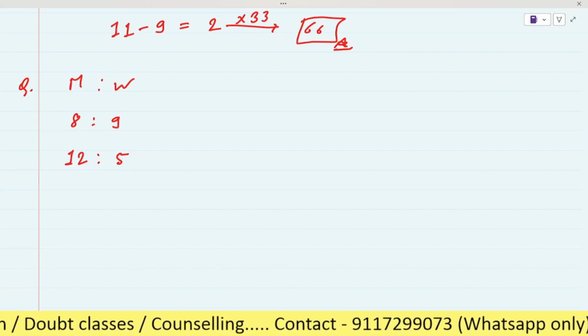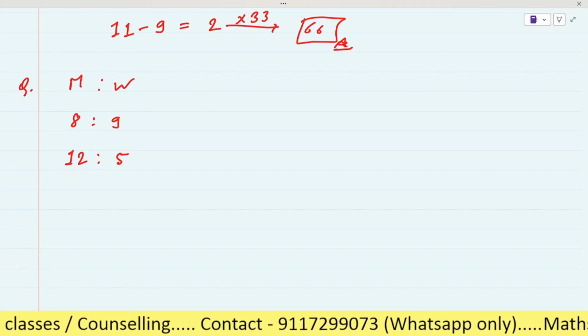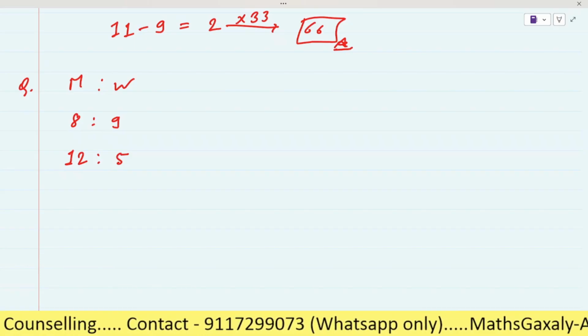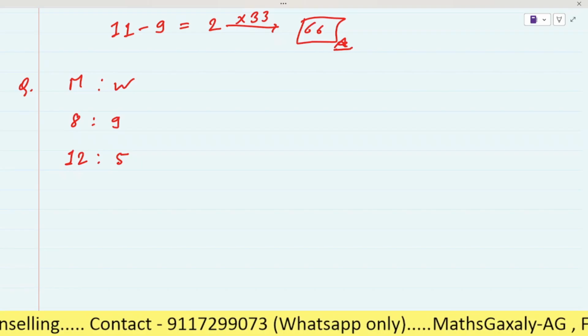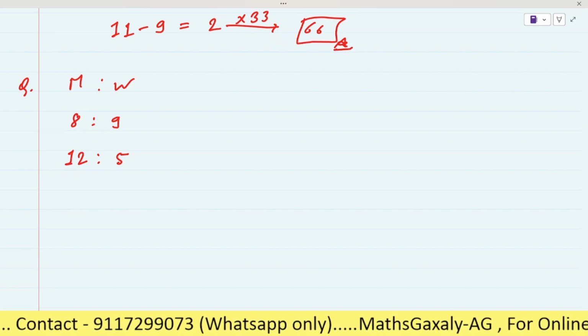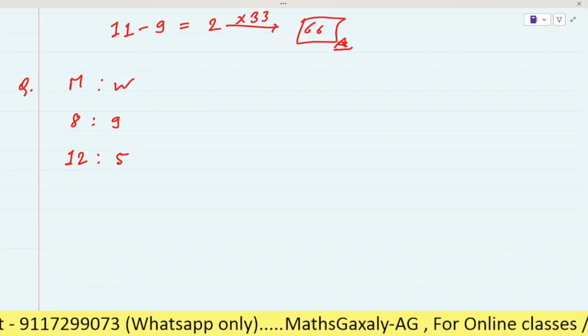Both the mixtures are now mixed thoroughly. Full stop.